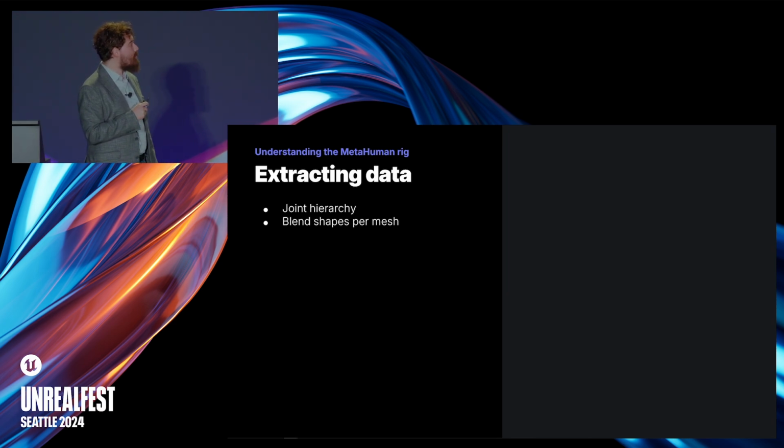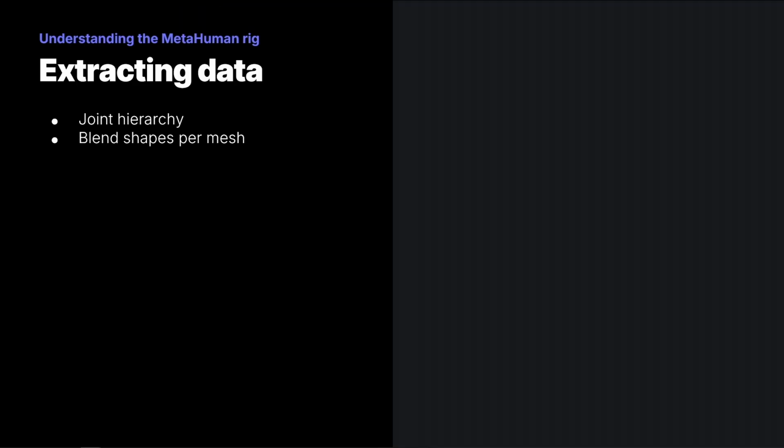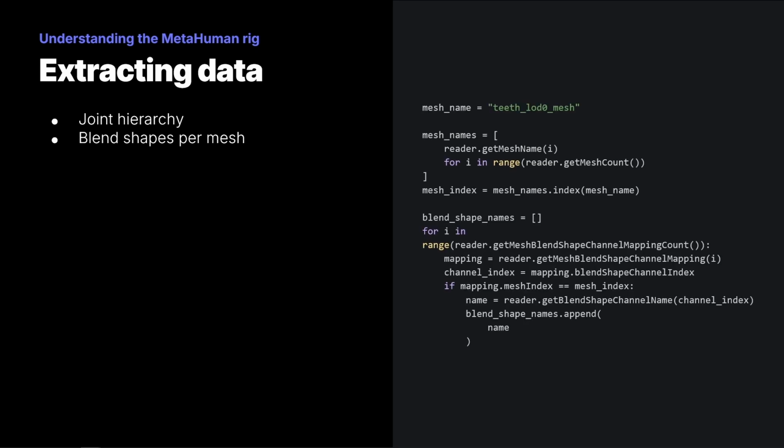What about blend shapes? Not all blend shapes are present on all meshes, and we can extract that information from the DNA file. Again, I'm going to pause here for a few seconds. In this example, I wanted to find out which blend shapes exist on the teeth LOD0 mesh.